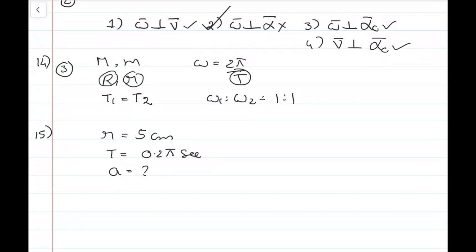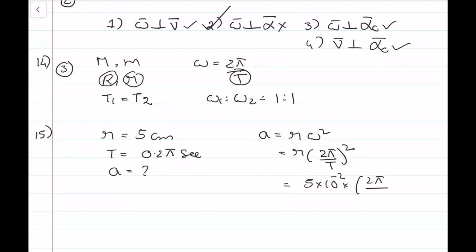The centripetal acceleration is equal to v square by r, that is equal to r omega square, where omega is 2 pi by T. Here the radius is 5 into 10 power minus 2 meter, and 2 pi by the time period 0.2 pi, whole square. So this is equal to 5 into 10 power minus 2 into 10 square. So 5 meter per second square is the centripetal acceleration.